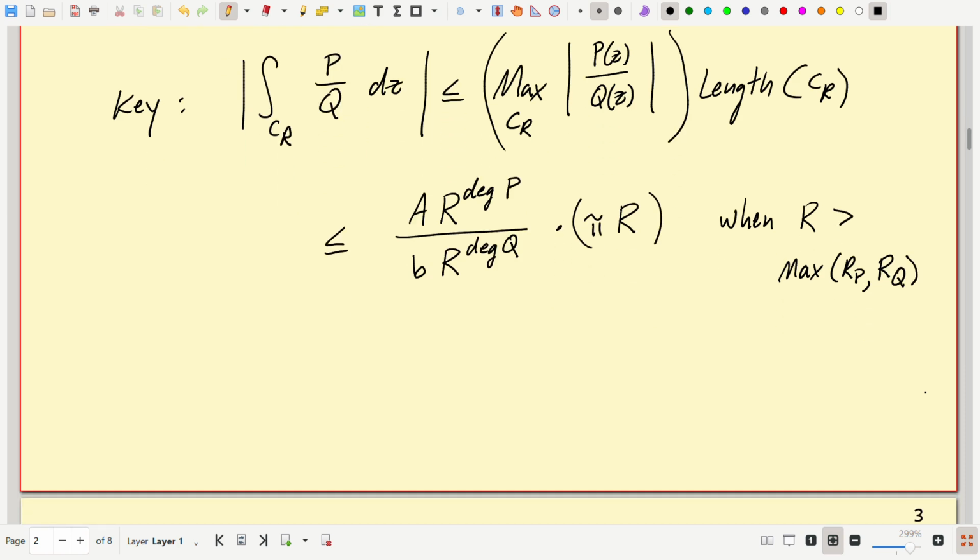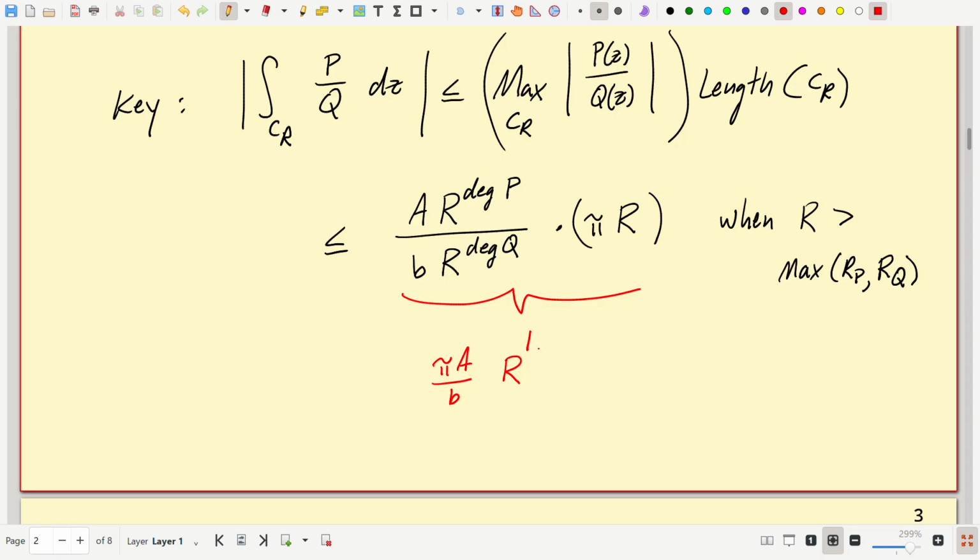Let's see, so what would I get here when I mess around? Let's say I'd get a pi times A over B, and I'd get R to the degree of P plus 1. So I'll have 1, that's the pi R part.